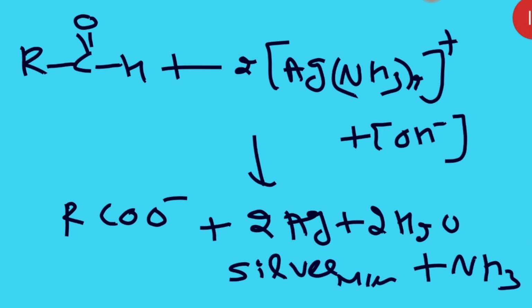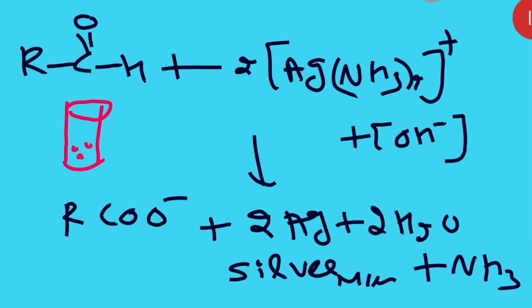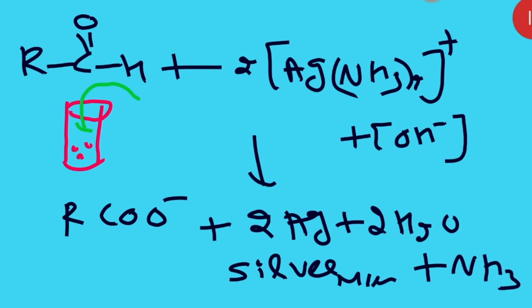Actually, what is going to happen? Suppose in this test tube some solution is there. We do not know whether it is aldehyde or ketone. We add some Tollens reagent to it.